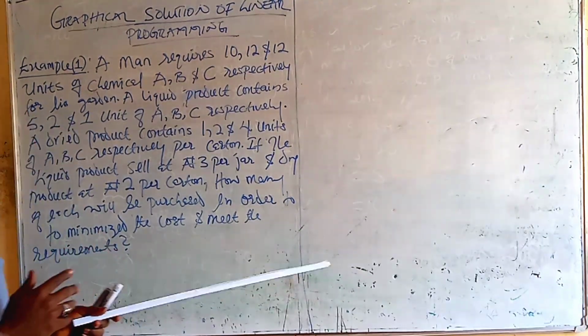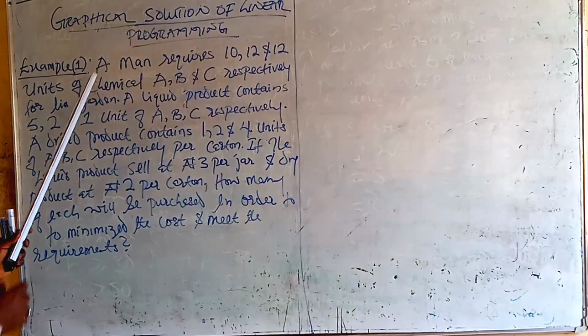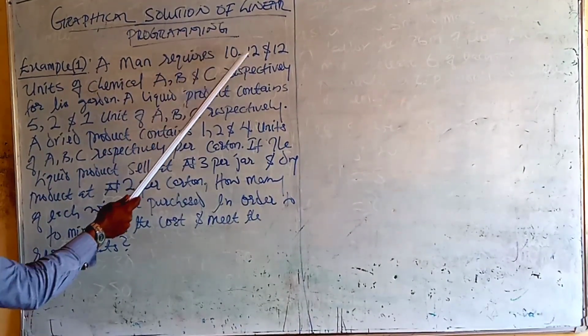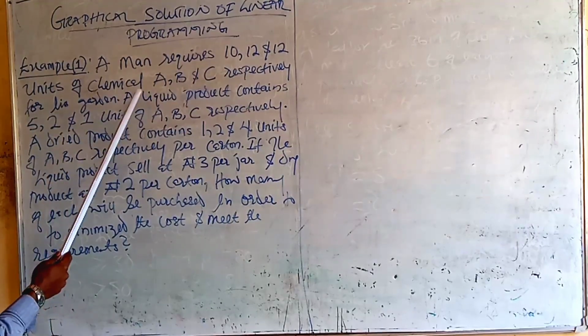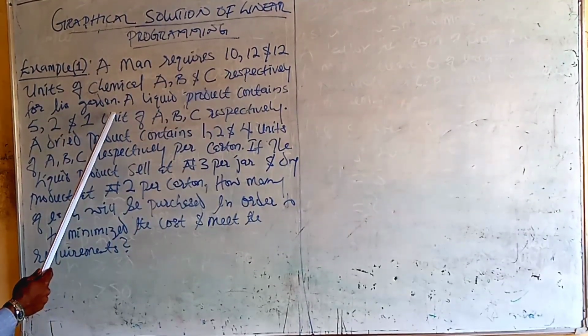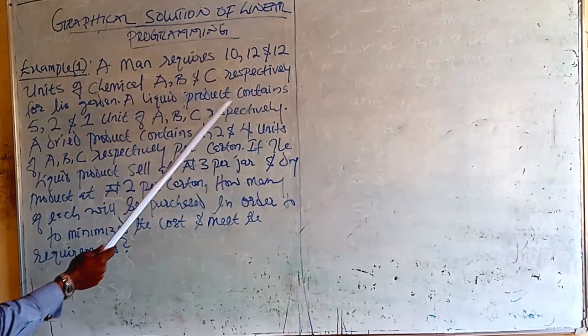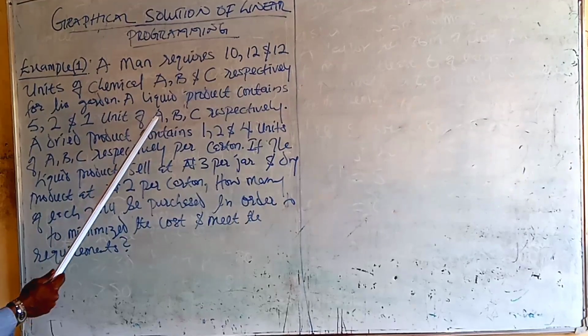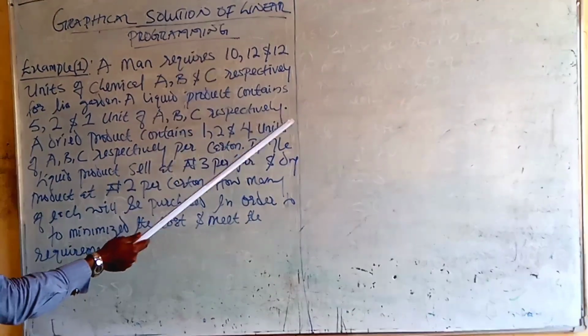So here is an example which stated that a man requires 10, 12 and 12 units of chemical A, B and C respectively for his garden. A liquid product contains 5, 2 and 1 units of A, B, C respectively.